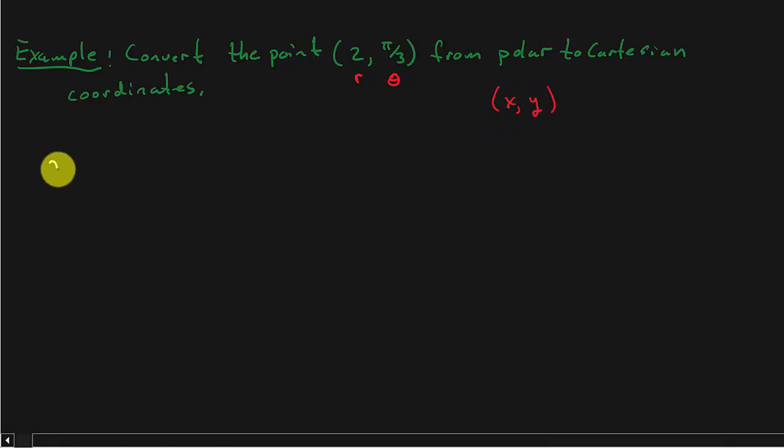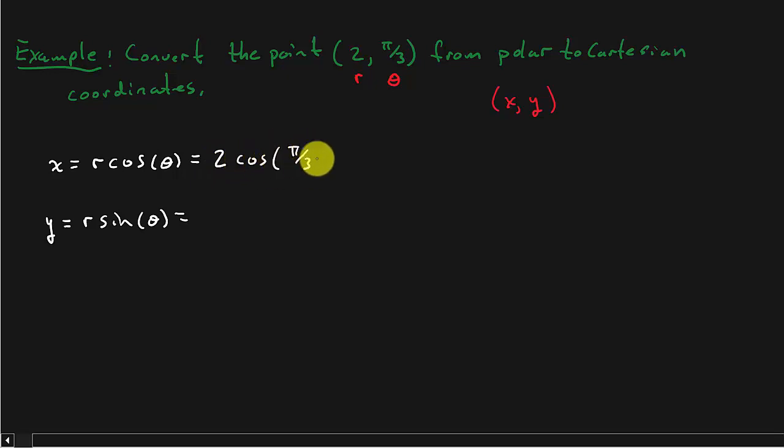We know that x is equal to r times cosine theta, and y is equal to r times sine theta. All we do now is plug that in, and so we get 2 times cosine of pi over 3, which is 2 times 1/2, and so that's equal to 1.